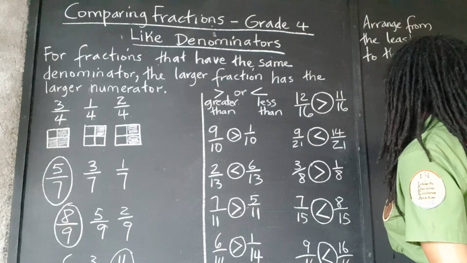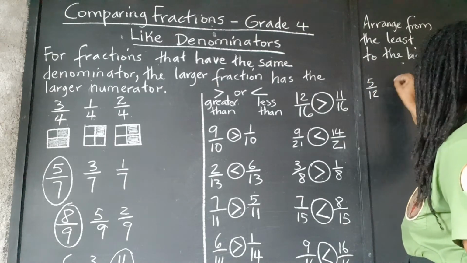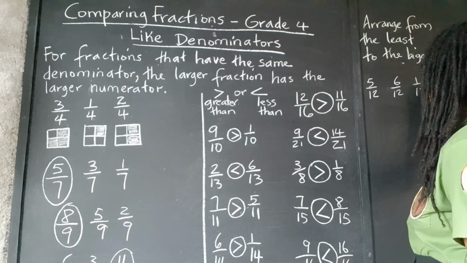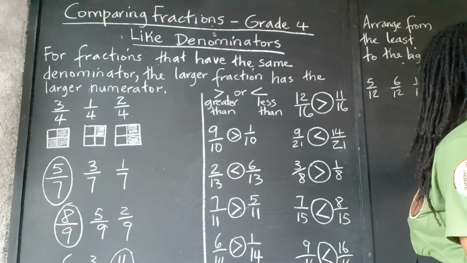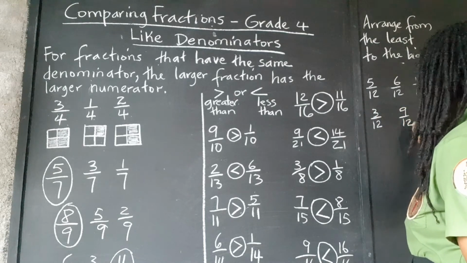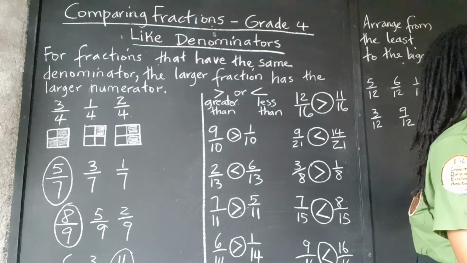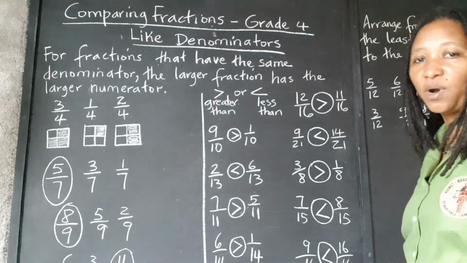They're all going to have the same denominator, right? We have 5/12, 6/12, 1/12, 12/12, 3/12, 9/12, 8/12, and 11/12. So these are the ones we're working with.